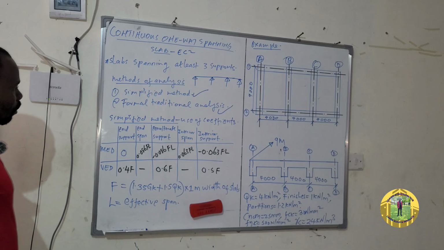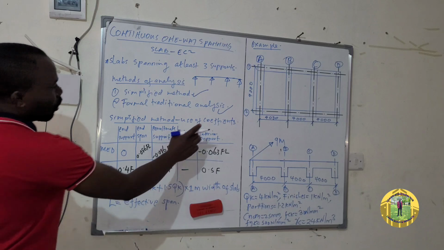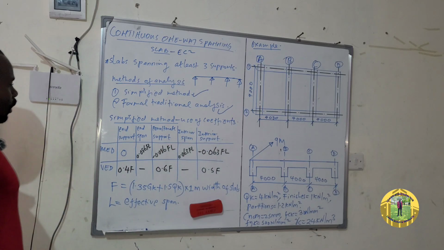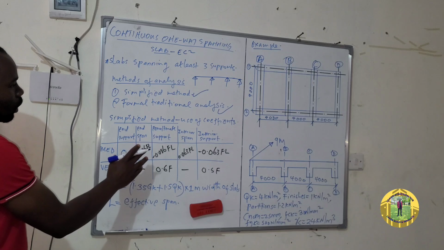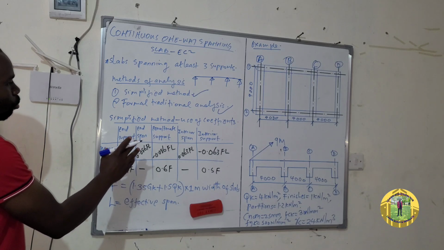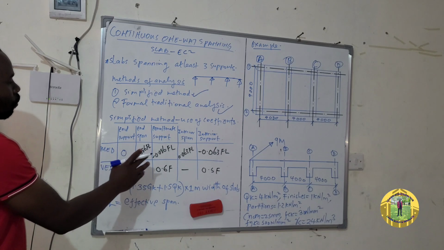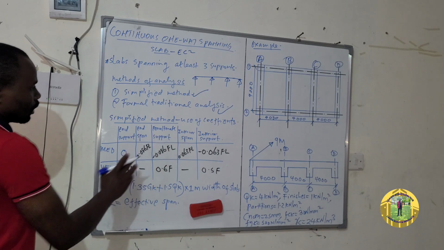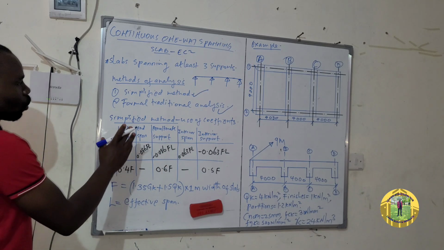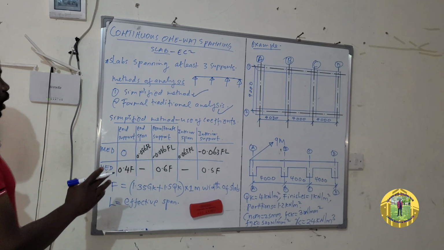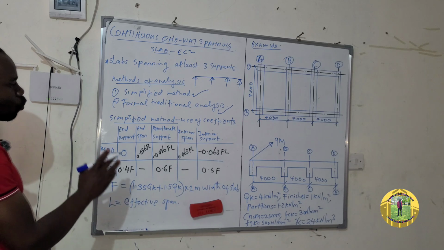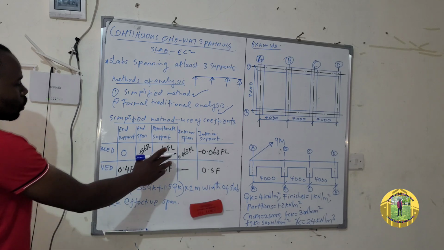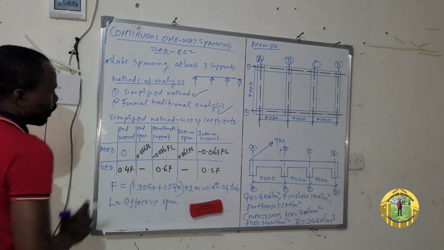In this simplified method, we use coefficients. This is the same as a continuous beam design. For you to use these coefficients, there are requirements that your continuous one-way spanning slab has to meet so that you can use this simplified method.